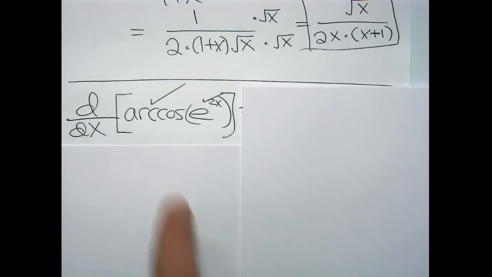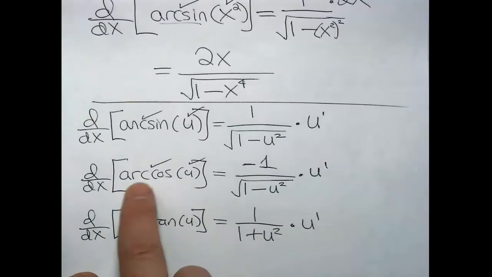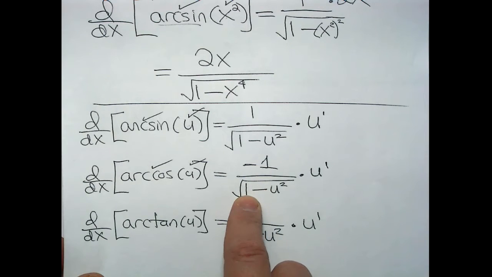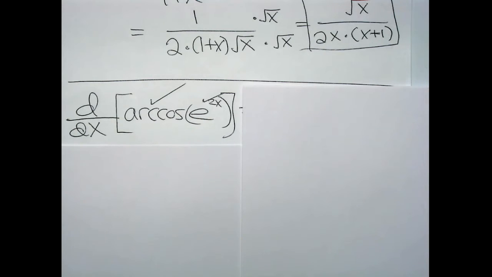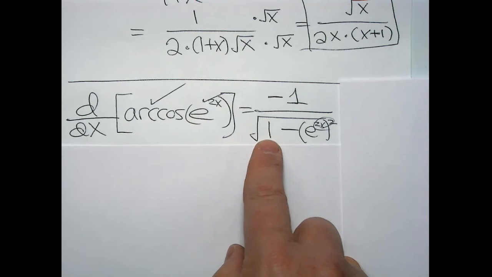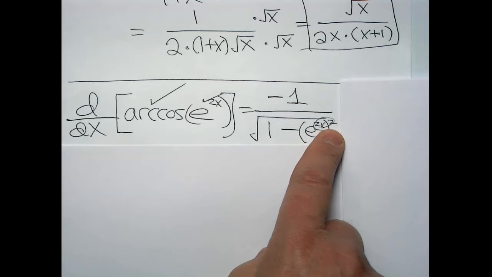So first thing is, I've got to look up the derivative of arc cosine, or at least remember what it is. The derivative of arc cosine is negative 1 over the square root of 1 minus argument squared. So let's write that down. Negative 1 over the square root of 1 minus argument squared.